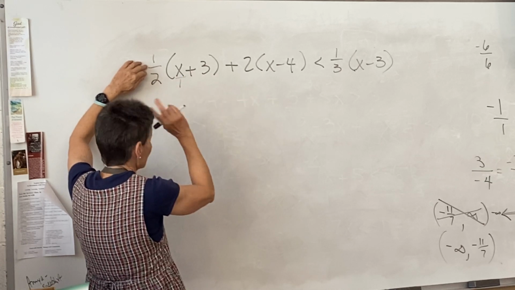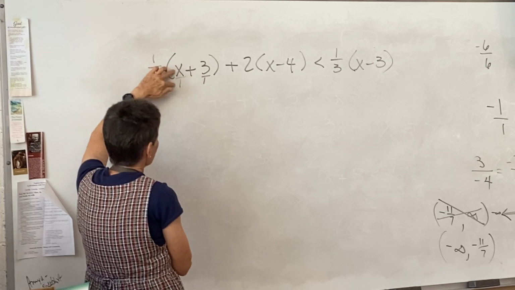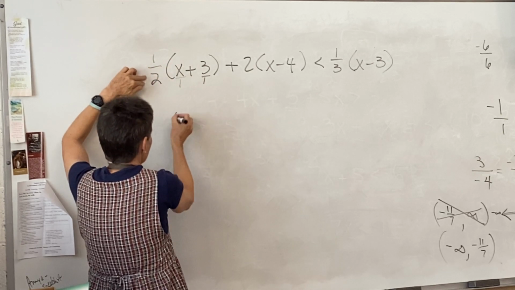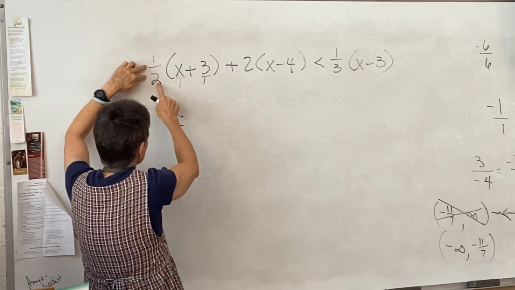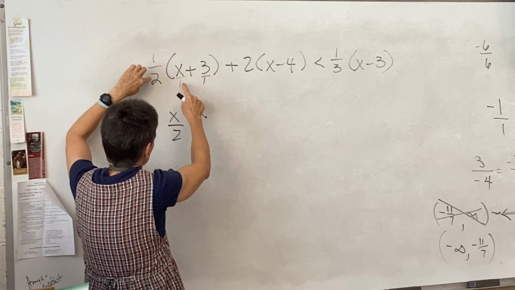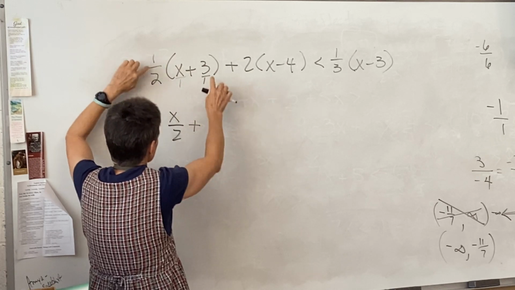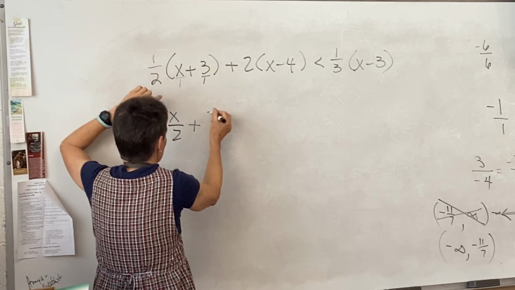Let's not get confused. 1/2 times x over 1 is going to be x over 2. Look, 1 over 2 times x over 1 is x over 2. Plus, what am I going to get here? 3 over 2.